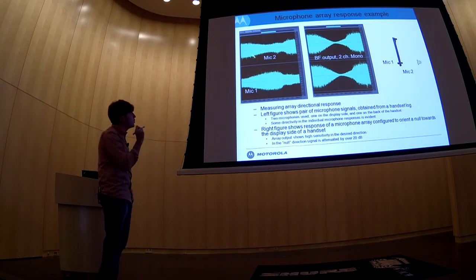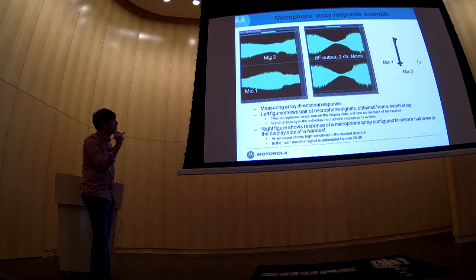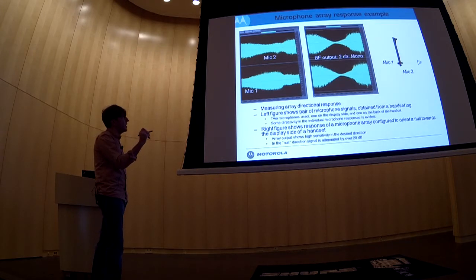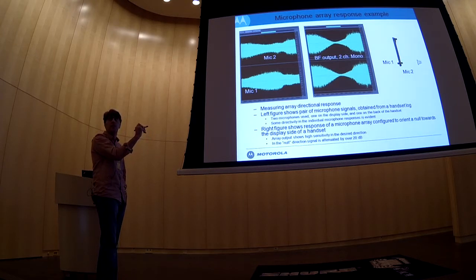When we look at the individual microphone responses, let's look at microphone 2. We see that when we start, microphone 2 is facing the source, that's right here. As we rotate the source around the array, somewhere here, the source is now facing microphone 1, and microphone 2 is behind this big baffle that the phone is.